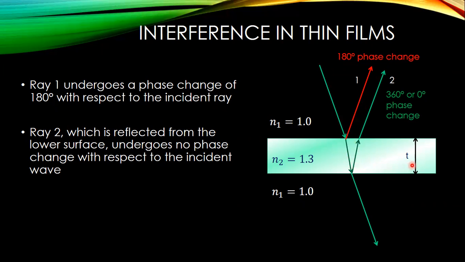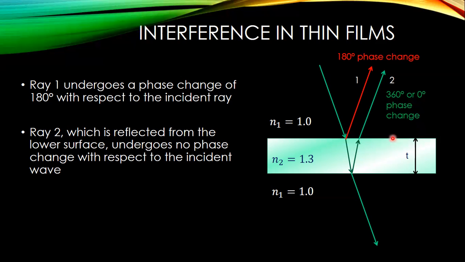If this thickness were perhaps 1/4 the wavelength of light inside here, it would experience a quarter of a wavelength change and a quarter of a wavelength change. If it's 1/2, 1/2 plus 1/2 is a whole wavelength, or 360 degrees phase change, which is exactly the same as 0 degrees.